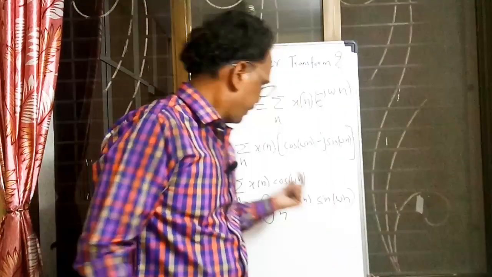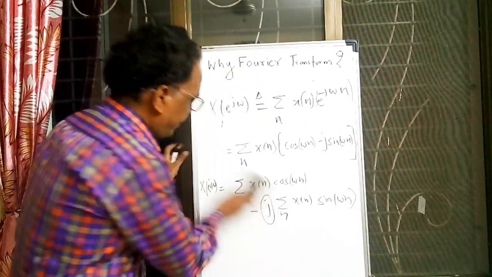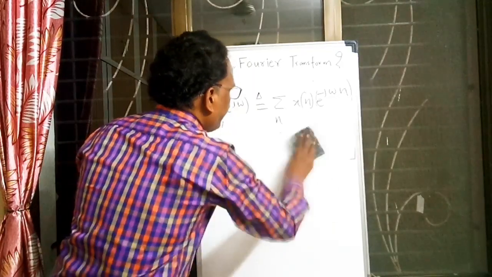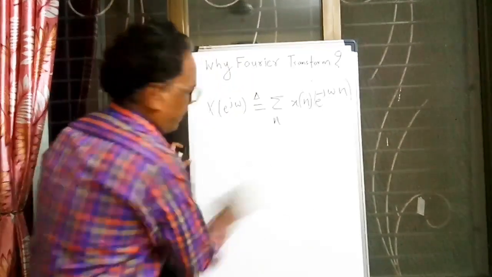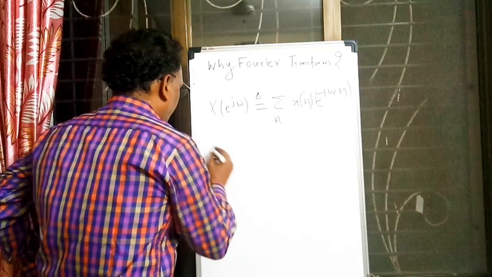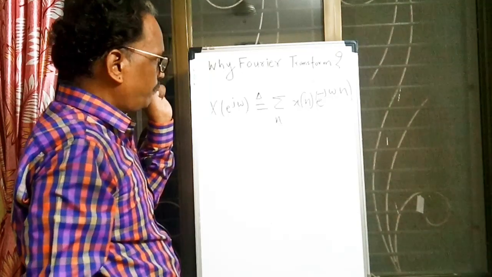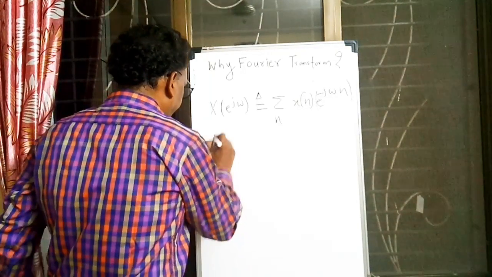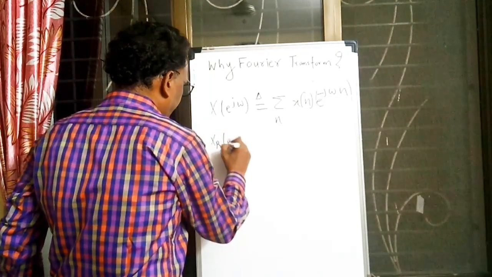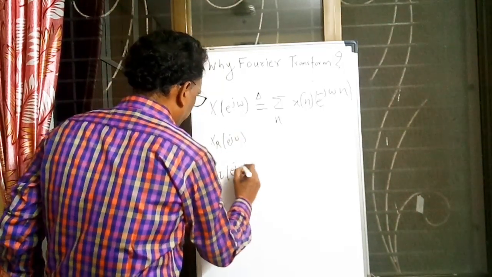We can study it in this fashion, or another way of looking at the complex quantity is to find its magnitude and its phase. Let us find the magnitude of the transform. For finding the magnitude of the Fourier transform, we require X_R(e^{jω}) and X_I(e^{jω}).